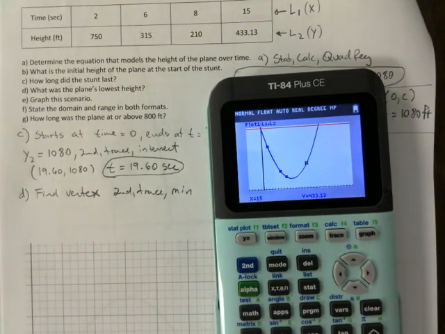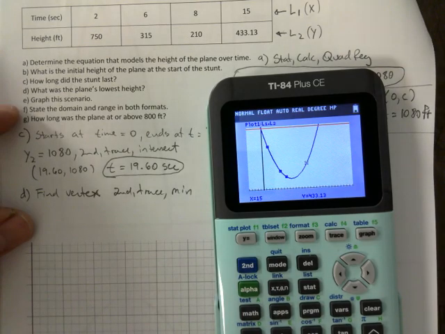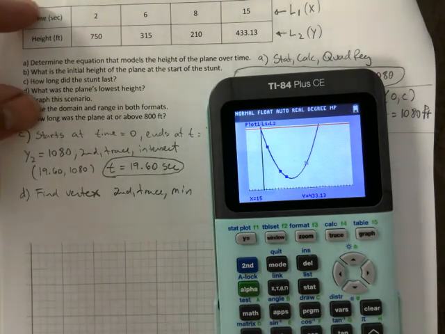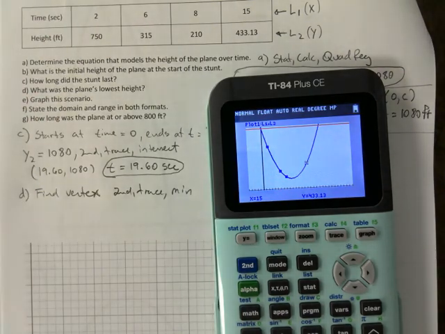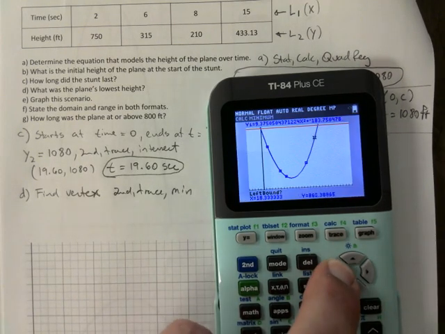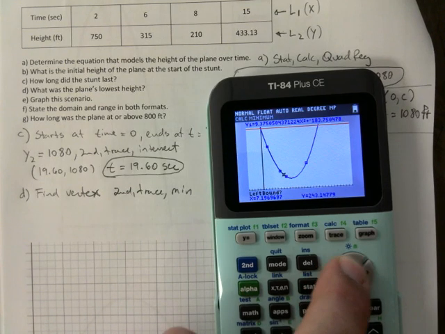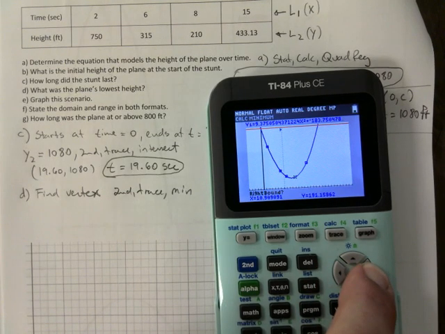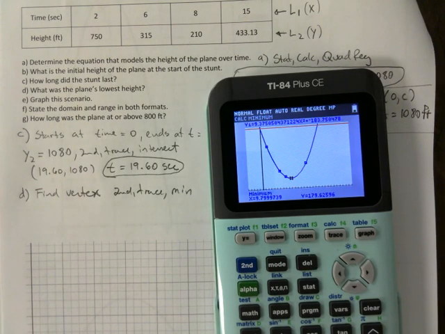I need you to understand we're still doing word problems. The only difference with this one to the ones we've done before is that we need to come up with our own equation. That's the only difference. Second trace min. Let's go to the left of the vertex, hit enter, go to the right of it, hit enter, and then enter one more time.